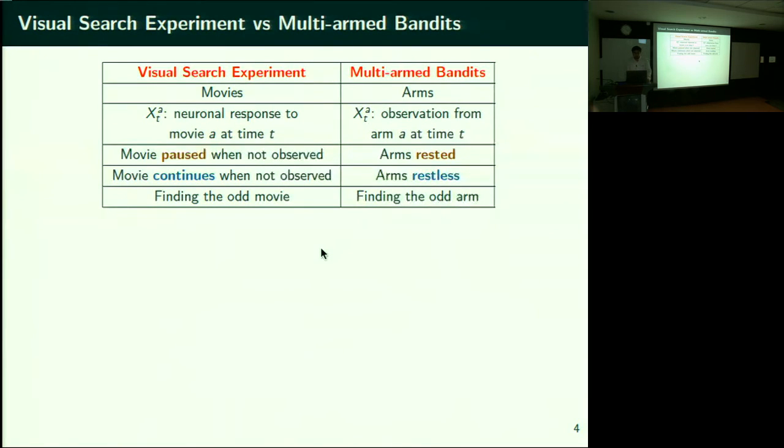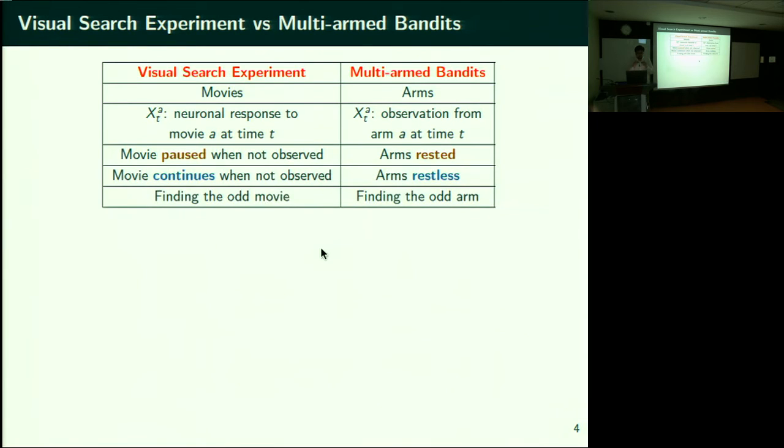Now, of course, finding the odd movie amounts to finding the odd arm. So I need to make precise what this oddness in the arm means. For that, I'm going to take refuge in the experiment I showed you. In that experiment, each movie is a sequence of frames and one frame is related to the next frame. I capture this dependence between frames via a Markov process.